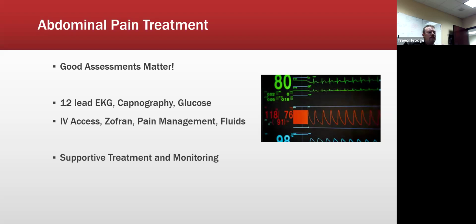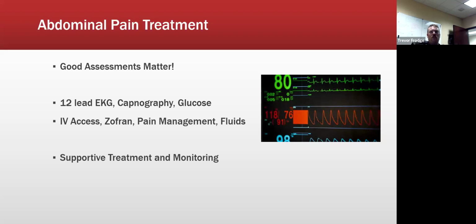Well, the theory is that if I give them pain meds, I'll mask their abdominal pain symptoms. For those that have had diverticulitis, or appendicitis, or just other issues going on in their belly, you give them pain meds, they feel better. If you still palpate the abdomen, they will still feel it.